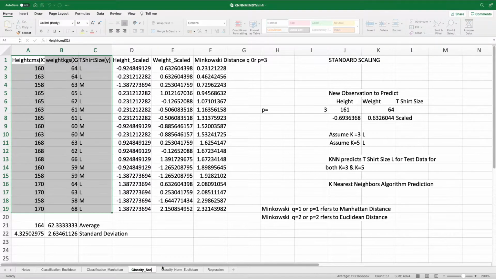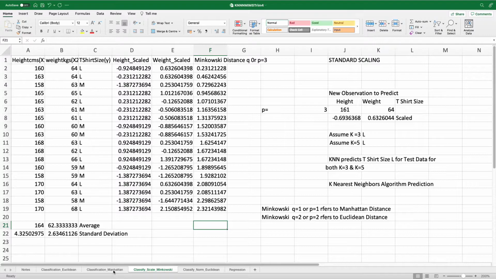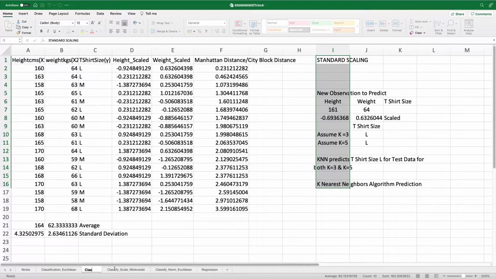Classify underscore scale underscore Minkowski. Classify underscore scale underscore Manhattan.